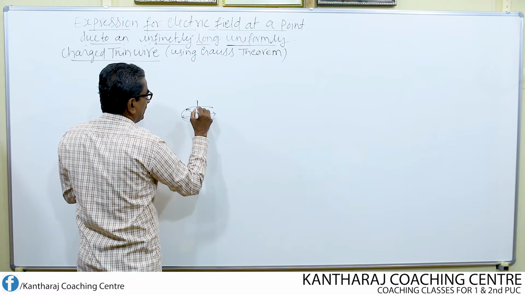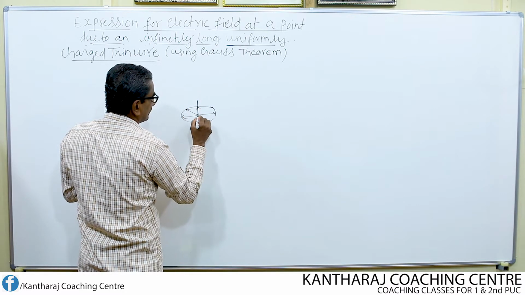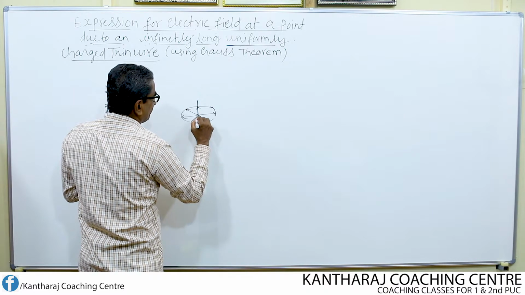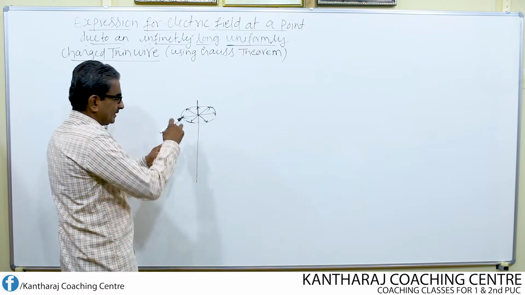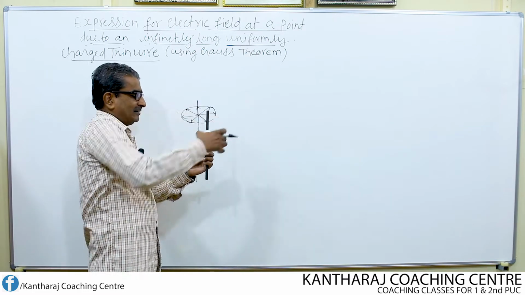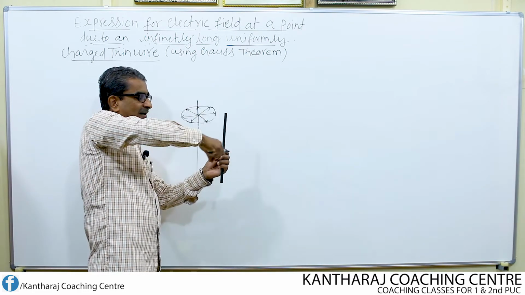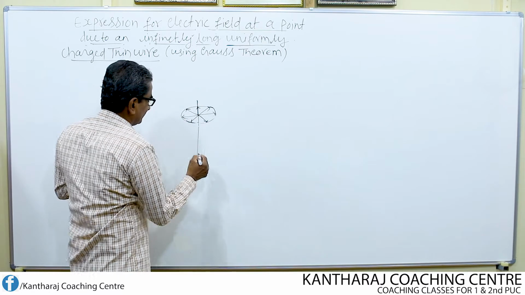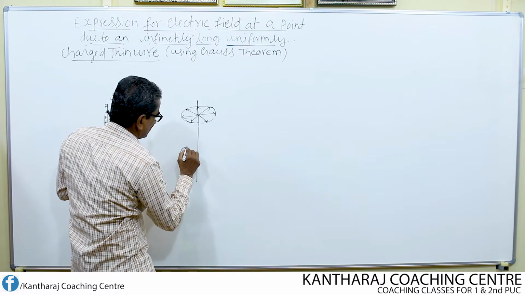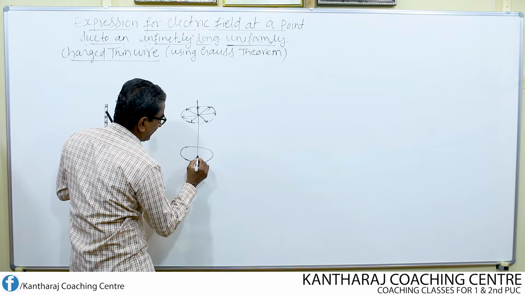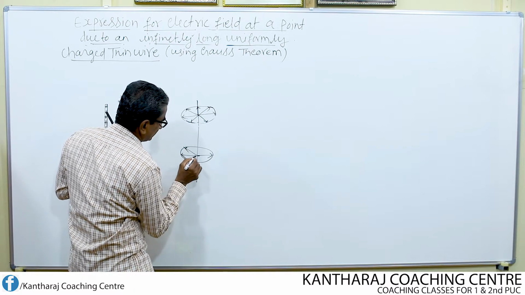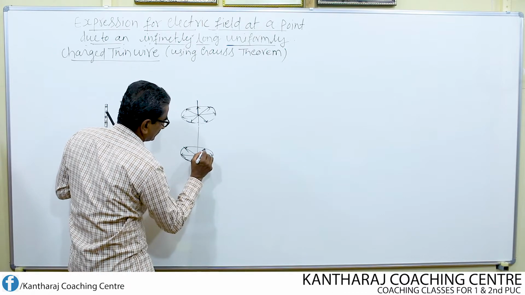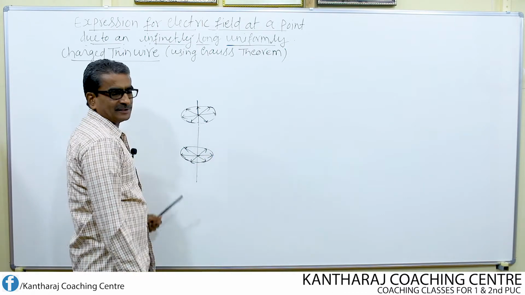This is how the electric field will be. Understand? Again, at the middle, at the same distance all around this conductor, once again, the electric field will be like this.